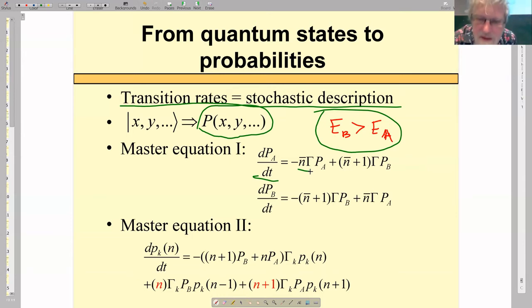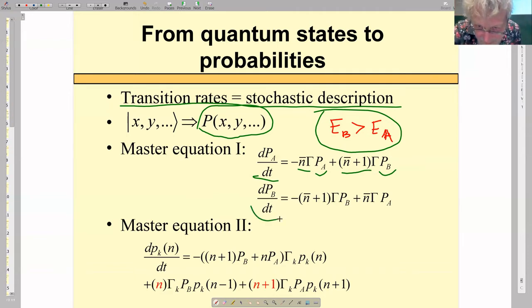So we have a factor which is probability to be in the state. Okay, so there are outgoing terms. We go out of the state A. There are incoming terms where initially we are in state B. And then there is a process. What kind of process is this? That must be emission. It counts as n plus 1.